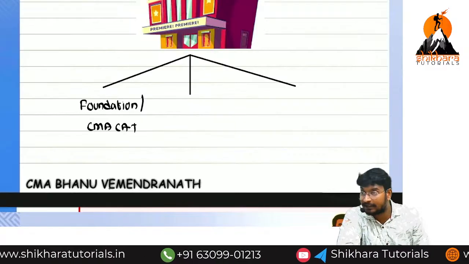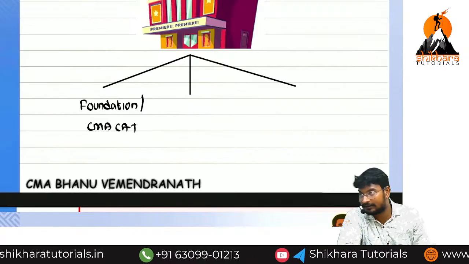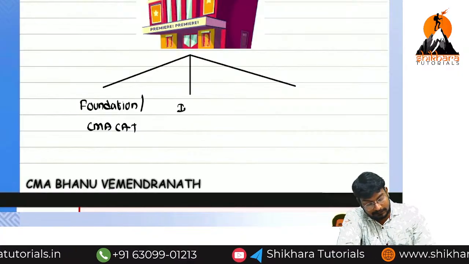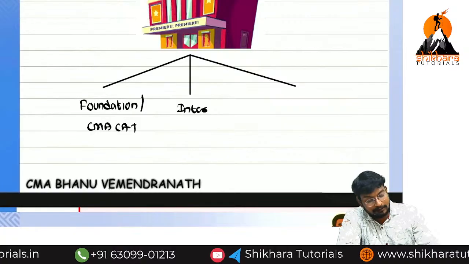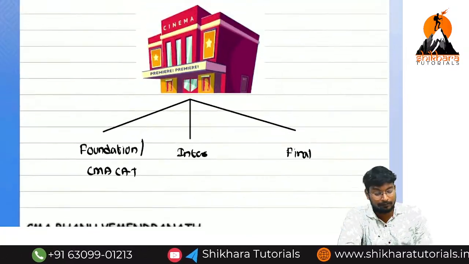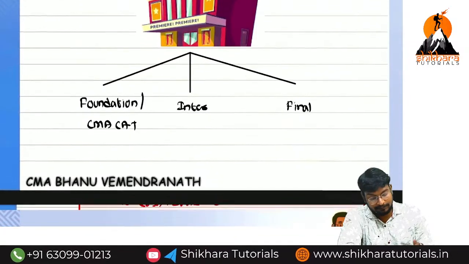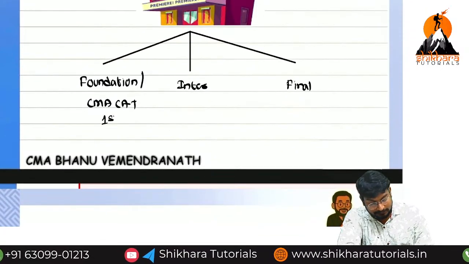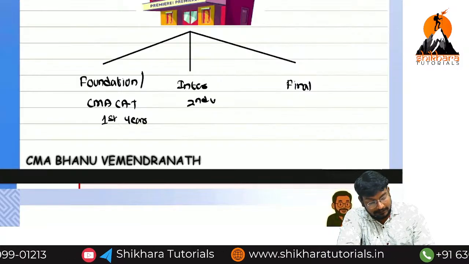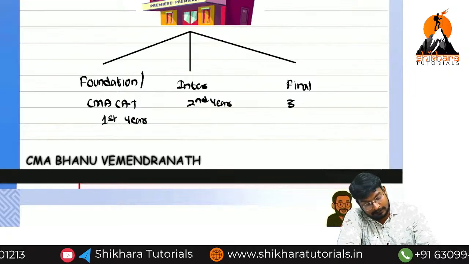We can discuss some other time. And what is the second level? Inter. What is the third level? Final. Imagine this is the first year, this is the second year, this is the third year.